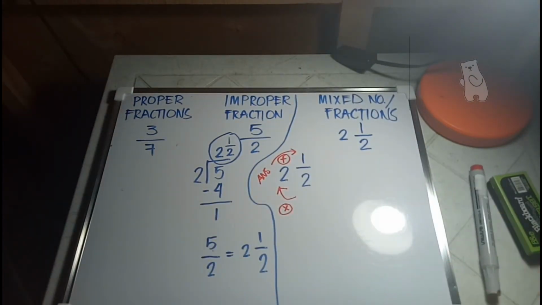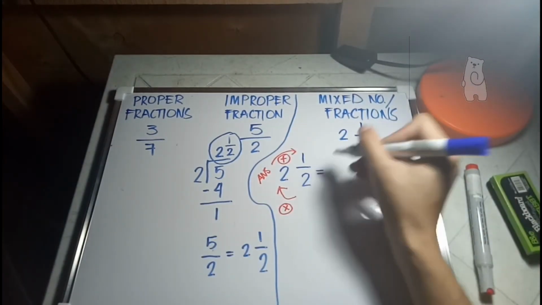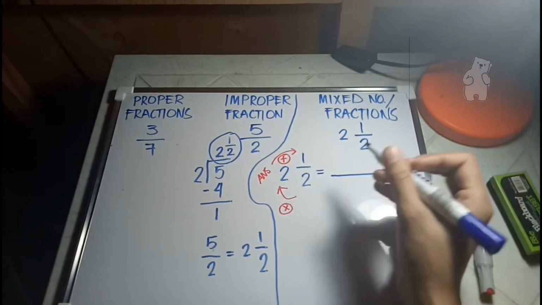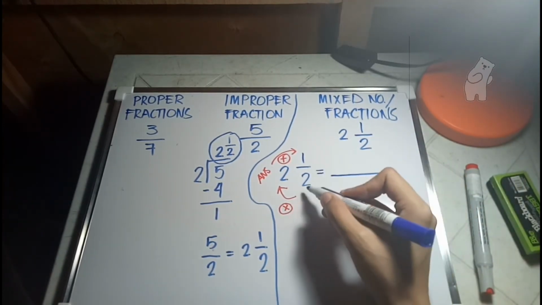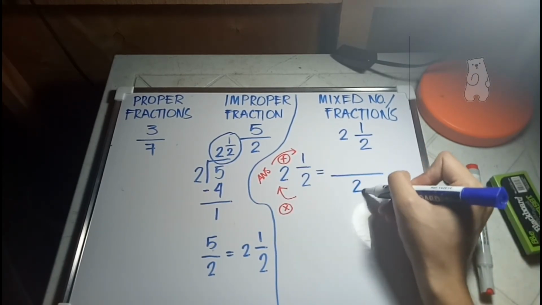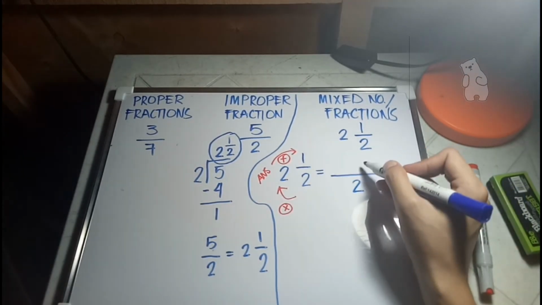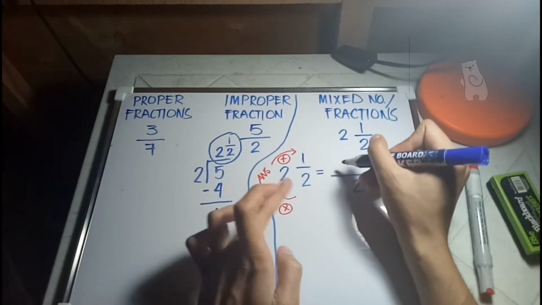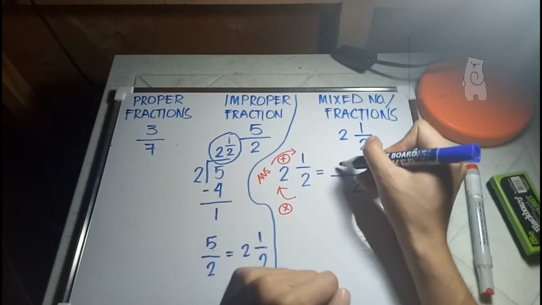Simple lang po. So, we will copy paste lang po yung denominator, 2. Then, we will solve for the numerator by multiplying the denominator and the whole number.